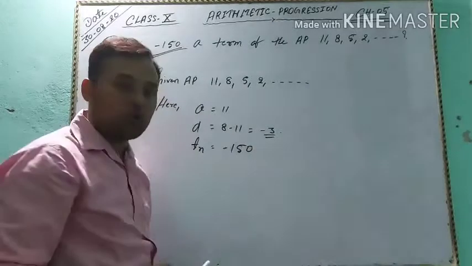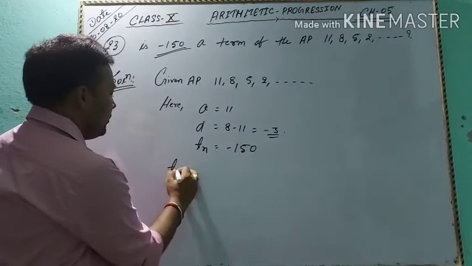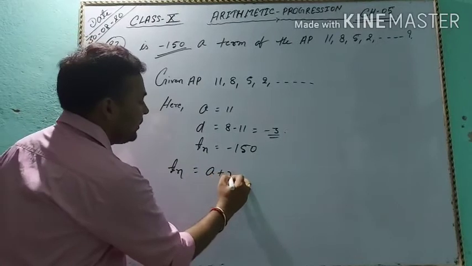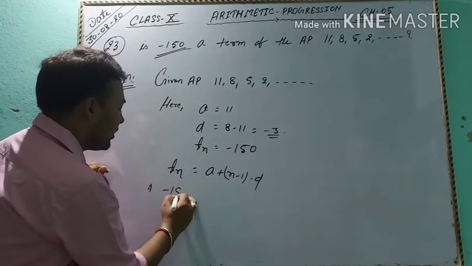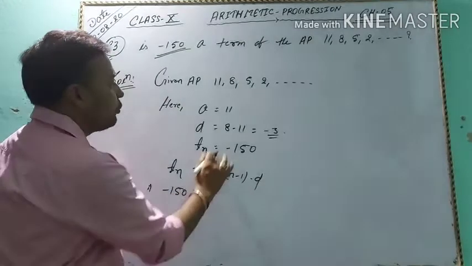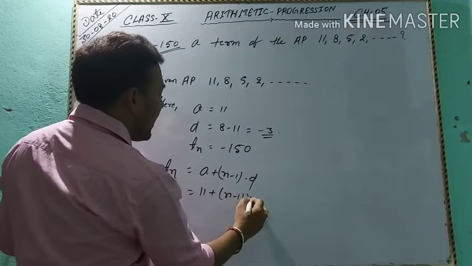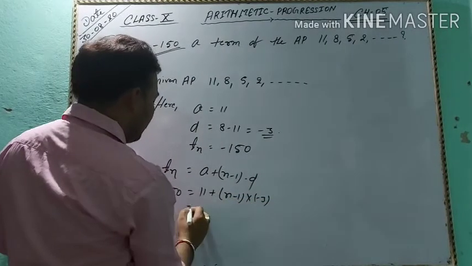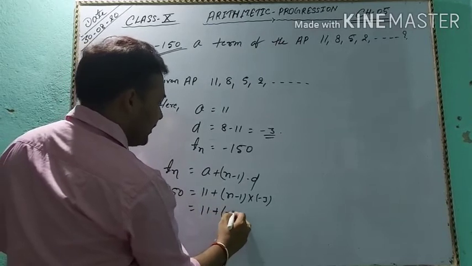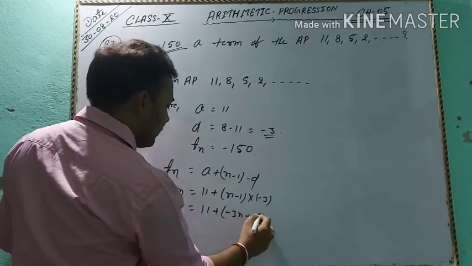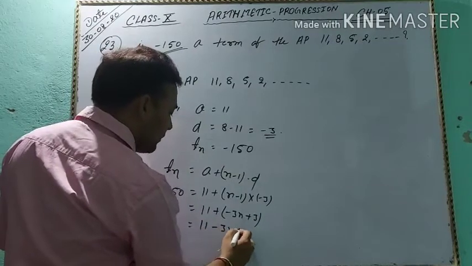So Tn equal to a plus (n minus 1) into d. That is minus 150 equals 11 plus (n minus 1) and d equal to minus 3. So 11 plus minus 3n plus 3.